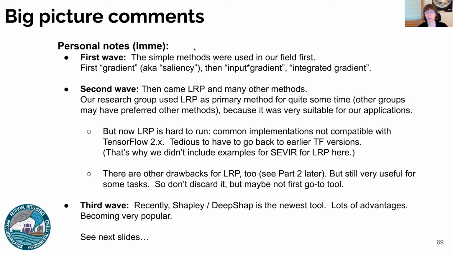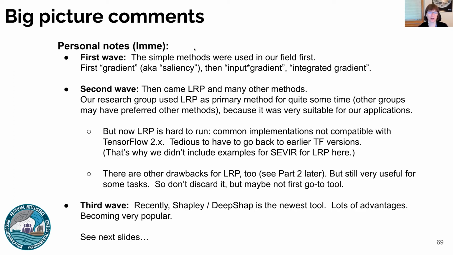It's a slightly better approximation. They came first. So first, everybody was using gradient, also known as saliency, for the sensitivity. And then people started to use input times gradient and integrated gradient for attribution. That was the first wave.